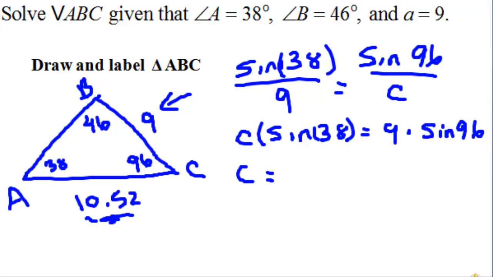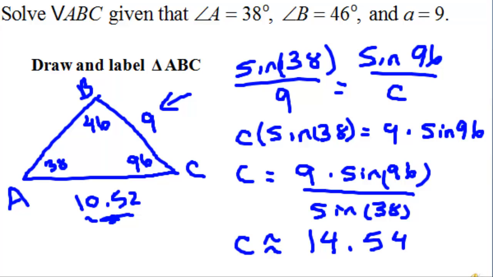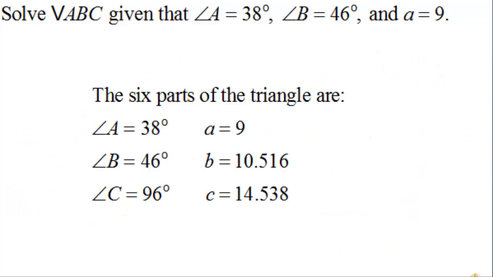And so c is equal to 9 times sine of 96 divided by sine of 38. When you put that into your calculator, you should get c is approximately 14.54. And now we have solved that triangle. And here are the 6 parts of the triangle that we just solved.